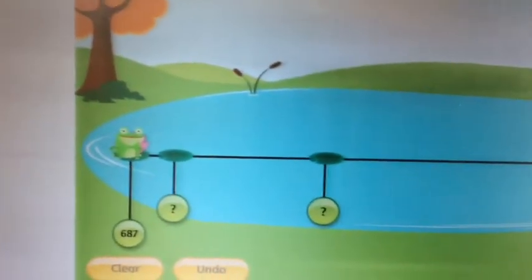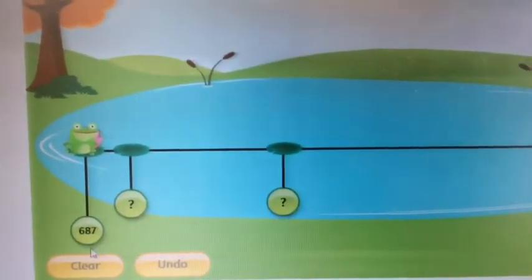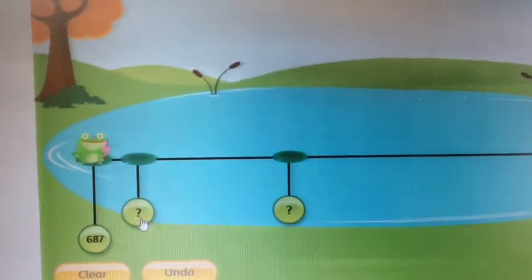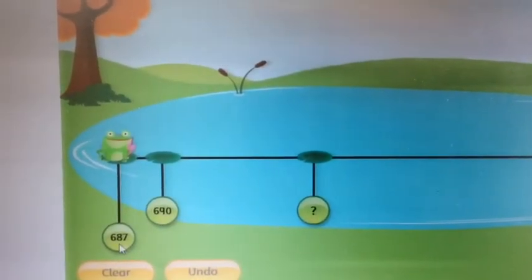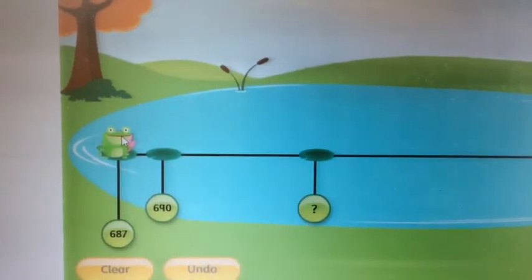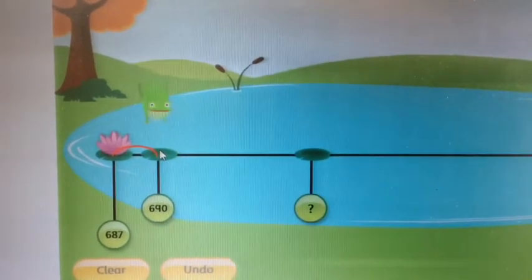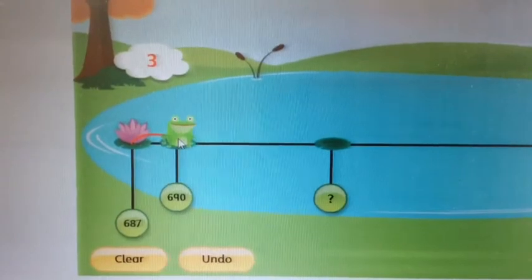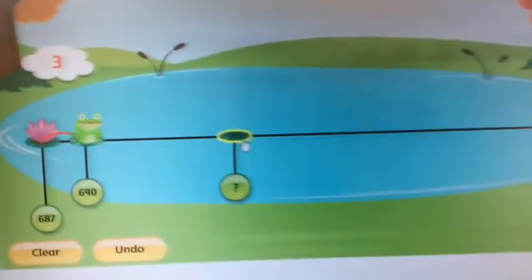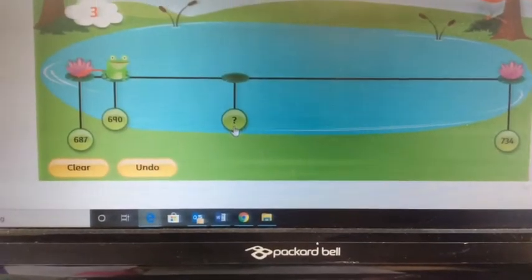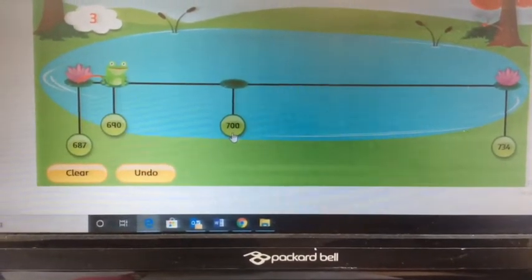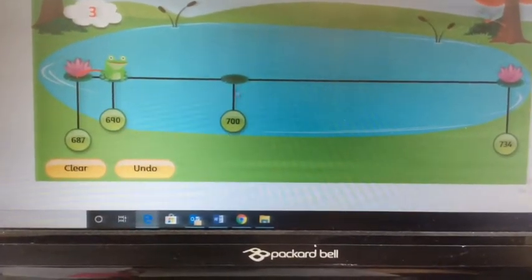But what's he going to jump to first? What's the next multiple of 10? And how does he get there? By adding 3. Now what's the multiple of 100 that he needs to get to? And how does he get there?